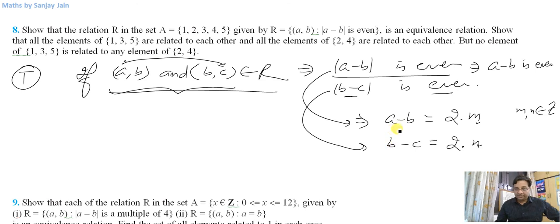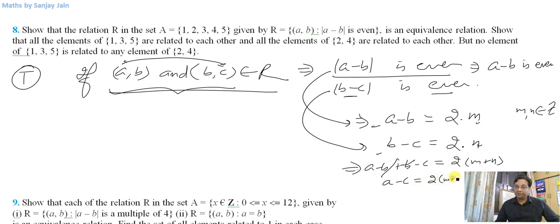And if a minus b is equal to 2m, b minus c is equal to 2n, what will be the sum of a minus b and b minus c? If I add these, it will be equal to 2(m + n). Now b can be cancelled, so a minus c is an integral multiple of 2.